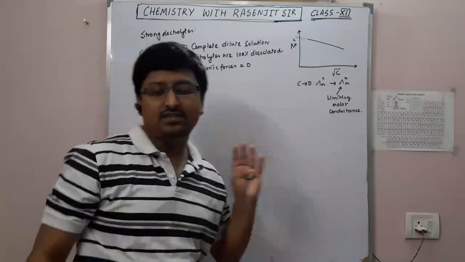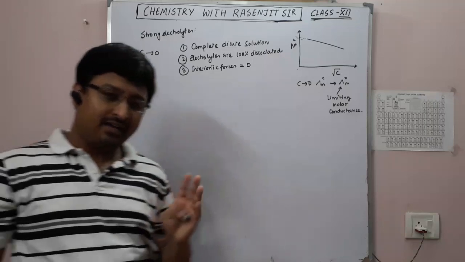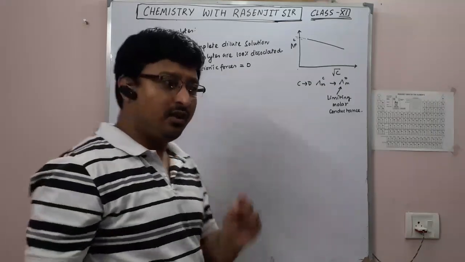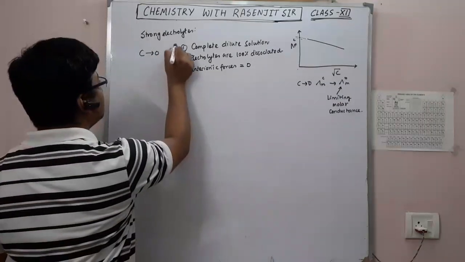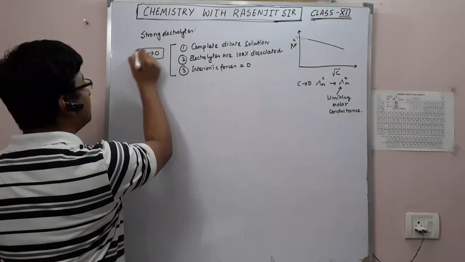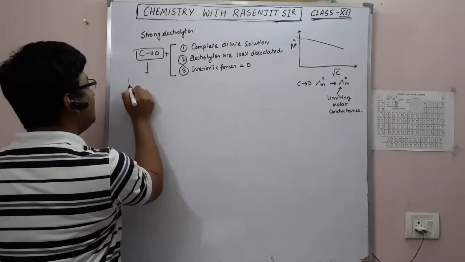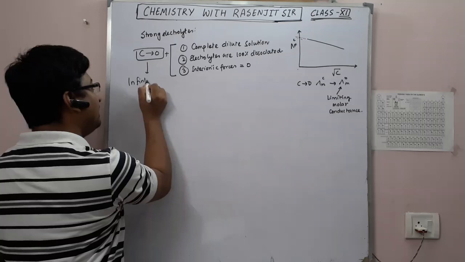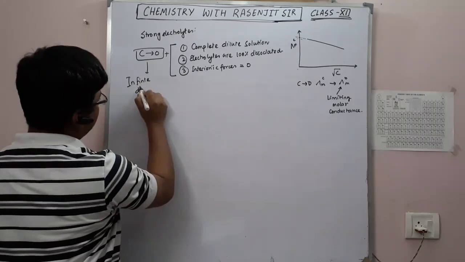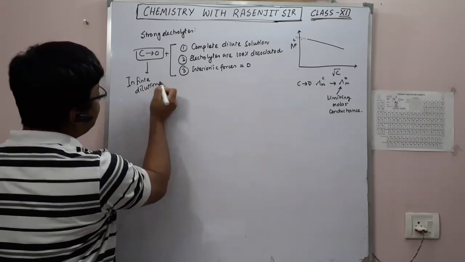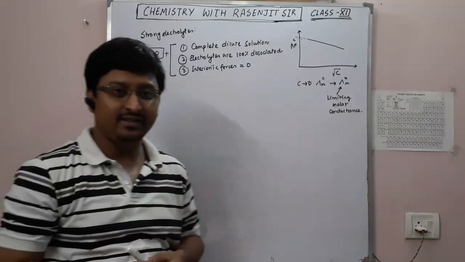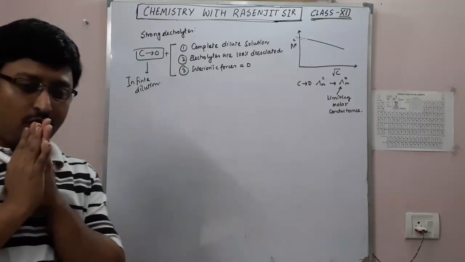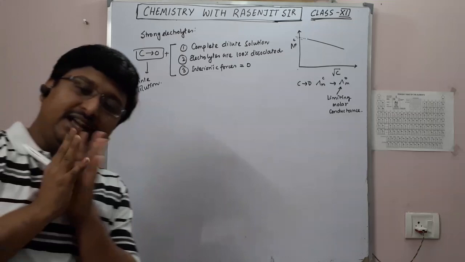So these three things we have to assume at concentration tends to zero, and that region is known as infinite dilution.